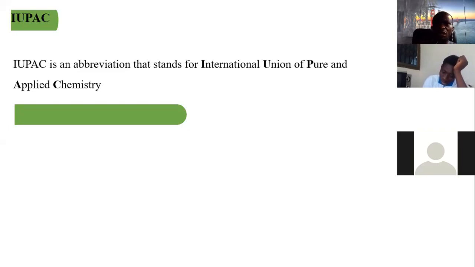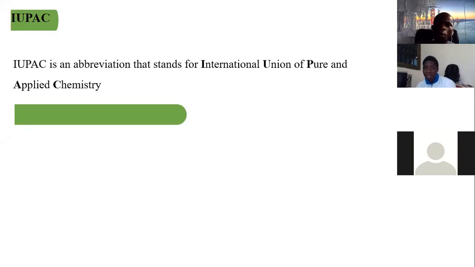IUPAC, as you can see on your screen, is an abbreviation for International Union of Pure and Applied Chemistry. The I is international, the U is union, the P is pure, the A is applied, and the C is chemistry.